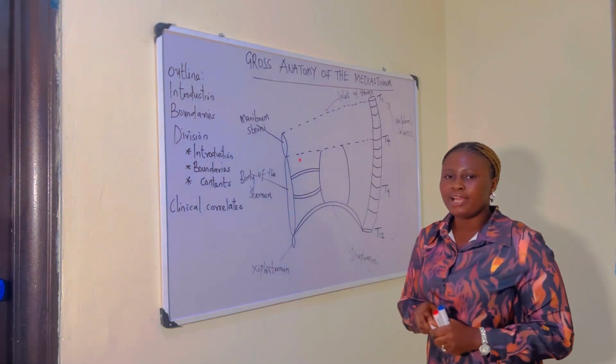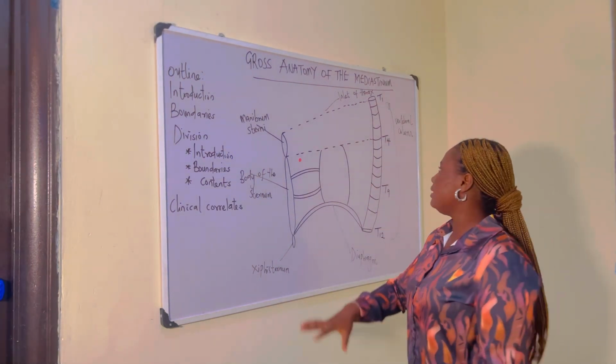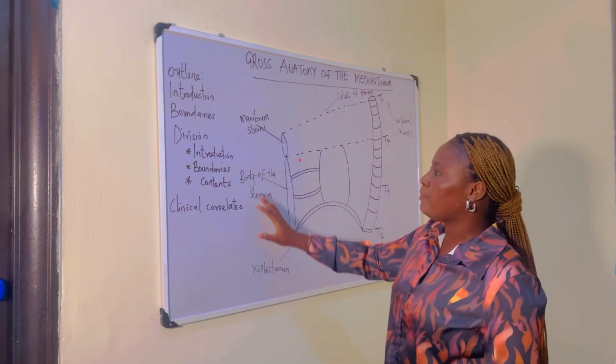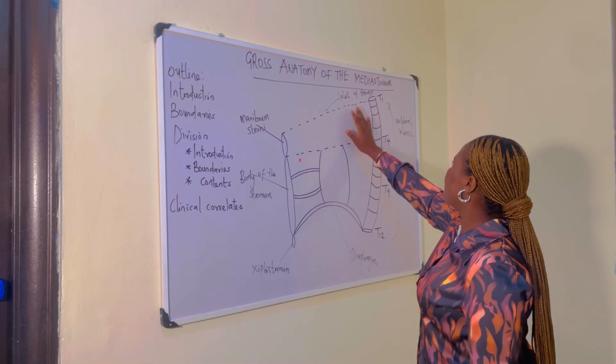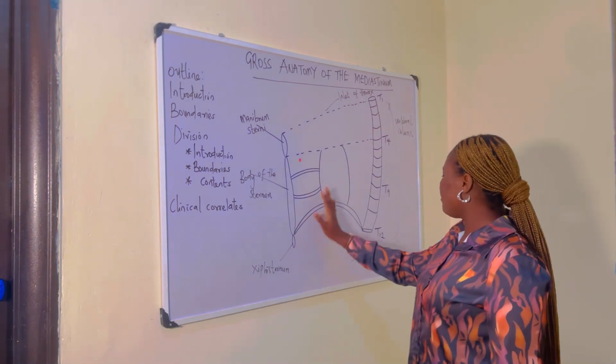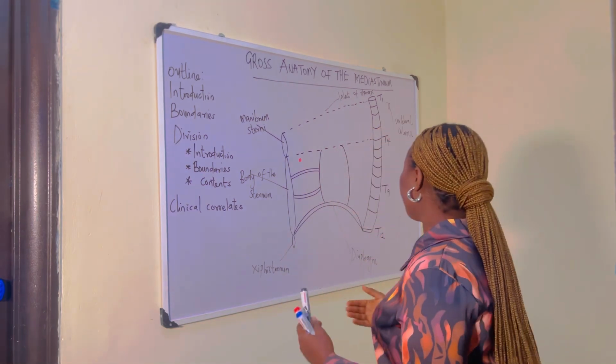And finally, on each side by the mediastinal pleura. So generally, the mediastinum is bounded anteriorly by the sternum, posteriorly by the vertebral column, superiorly by the inlet of thorax, inferiorly by the diaphragm, and on each side by the mediastinal pleura.